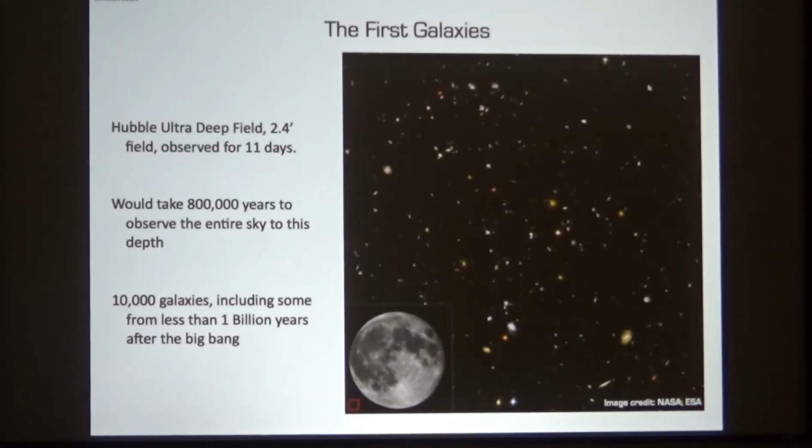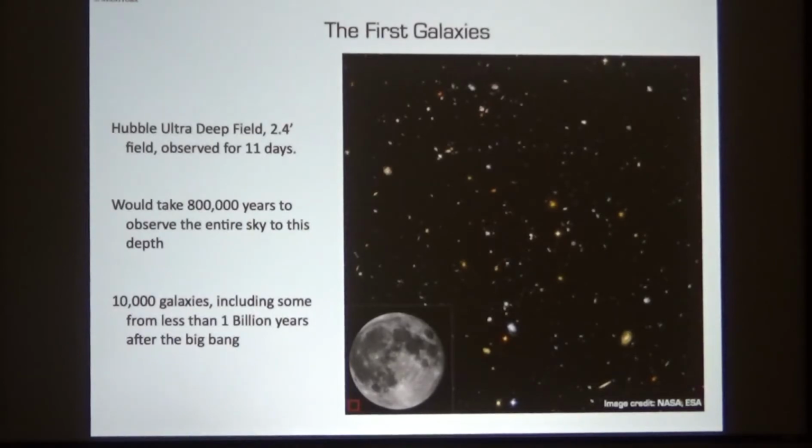So, one of the famous Hubble images, the Hubble Ultra Deep Field, there are 10,000 galaxies in that image, apparently. I knew it was several thousand. Basically, everything in that image, bar the moon for comparison, by the way, is a galaxy. Unless it's got diffraction spikes around it, those are stars, and I can count one. Or two. Everything else is a galaxy.